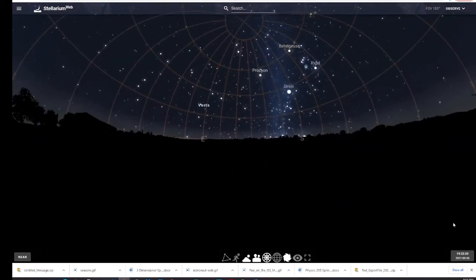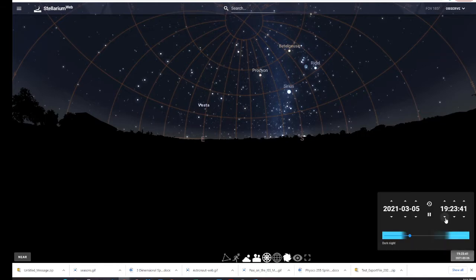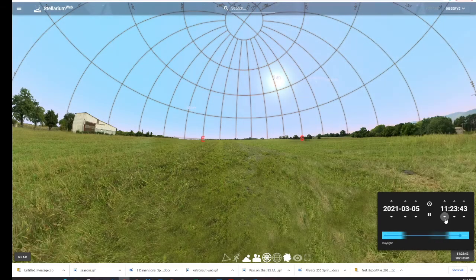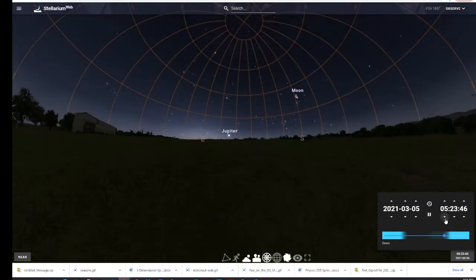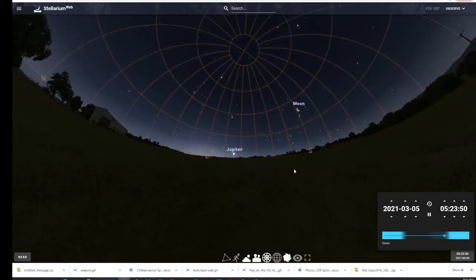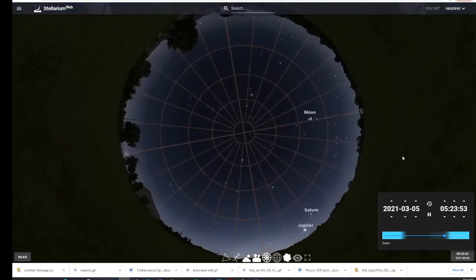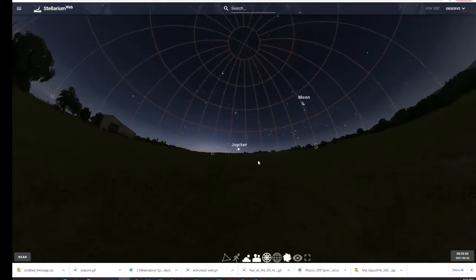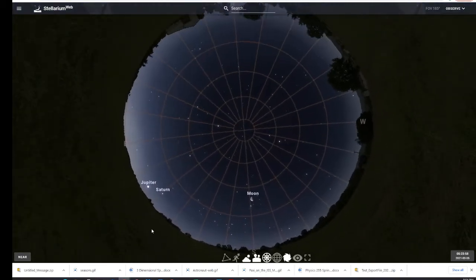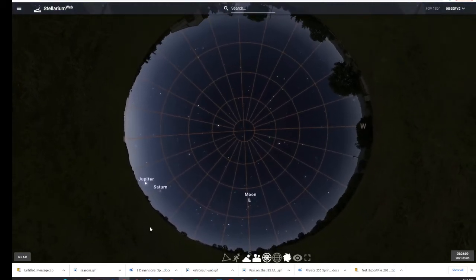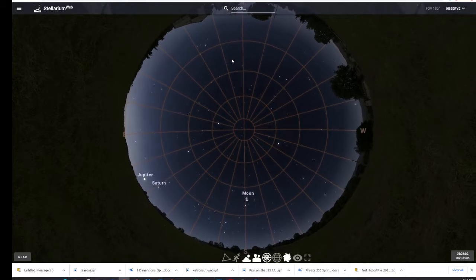So noon, let me go back to earlier today. So here's north, south here. These are reversed, east and west, because we're looking from the perspective of the ground out, right? Instead of top down.